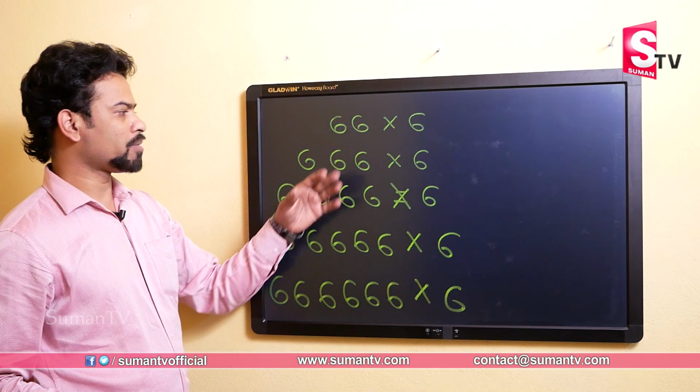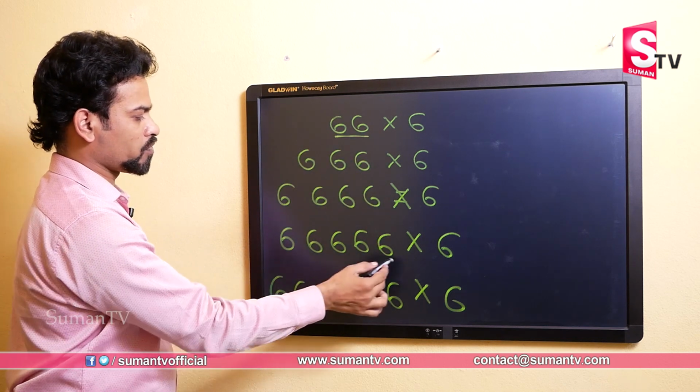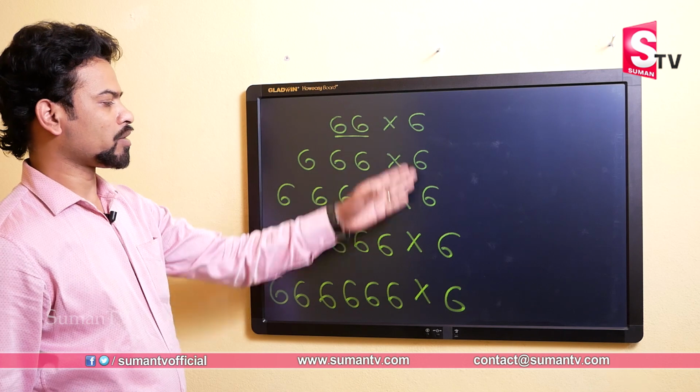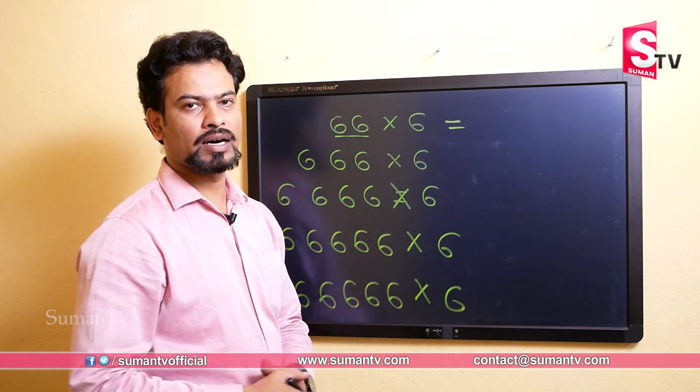See, this is kind of a pyramid. Here 2 6's are there, here 3, here 4, here 5, here 6, and we are multiplying with 6. So let's see what the answers are.